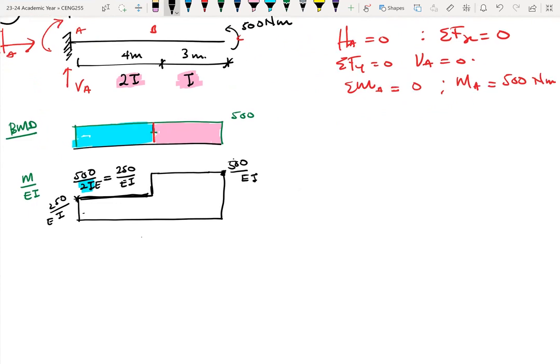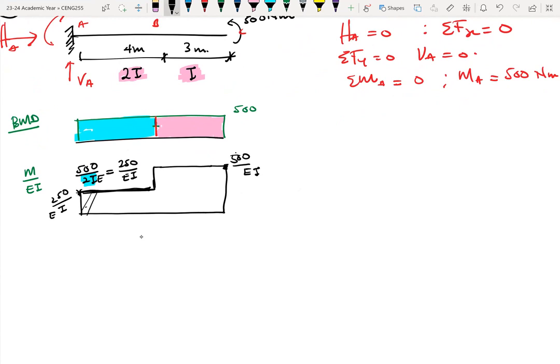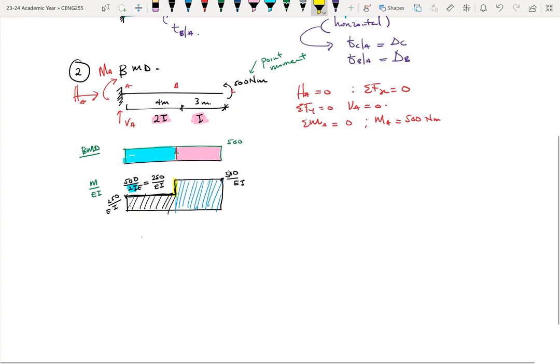So this actually becomes your M over EI diagram if you take into consideration the effect of the I. And the discontinuity at B indicates that that is the point whereby there is a change in the cross section of your beam. Okay. So that's something to take note of.